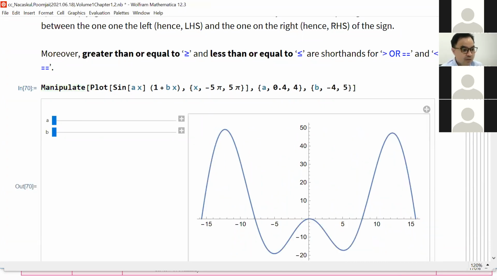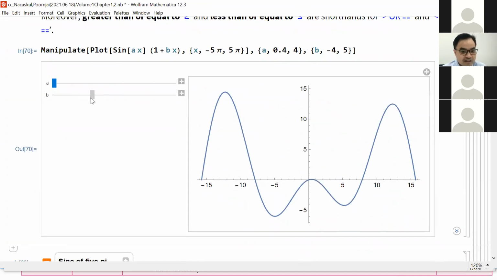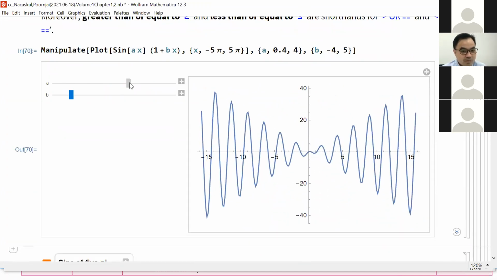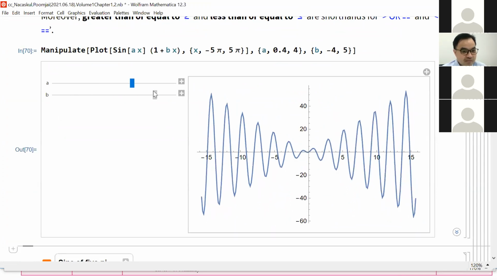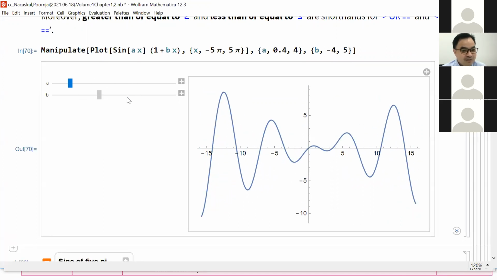I don't know what it's going to look like, okay? But there. I can play with B, I can play with A, I can play with both of them, right? So these are all little silly things that we can play with.